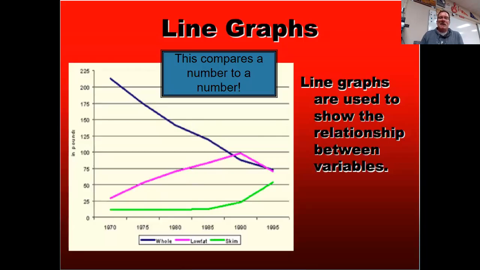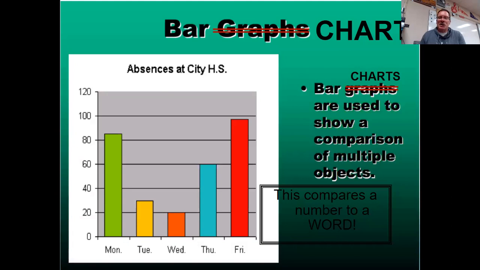So with line graphs, essentially you're comparing data, the relationship between variables. Bar charts, and I just crossed out graphs to illustrate, are used to show comparison of multiple objects, like things on every day of the week.